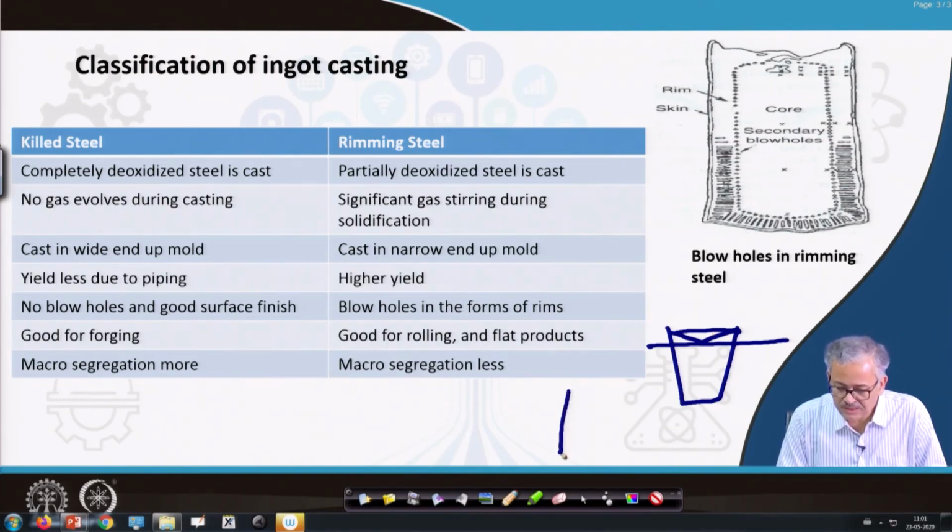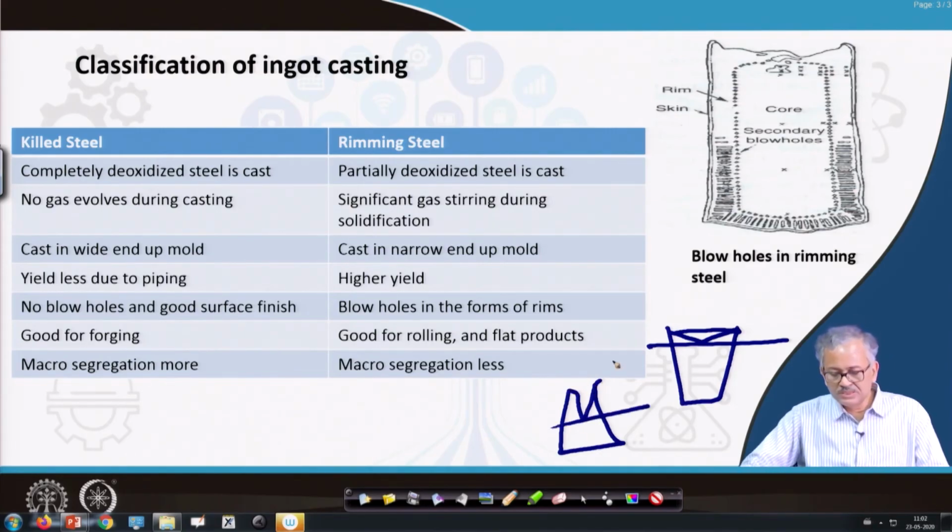But if you cast it in a narrow end of mold, then you will have a lot of sinkage, so your cut will be more. So this is the narrow end of mold, and your sinkage cavity is much deeper. And if you cast killed steel in a wide end of mold, then your sinkage cavity is less. Okay, as you can find. So as a result, yield will be better.